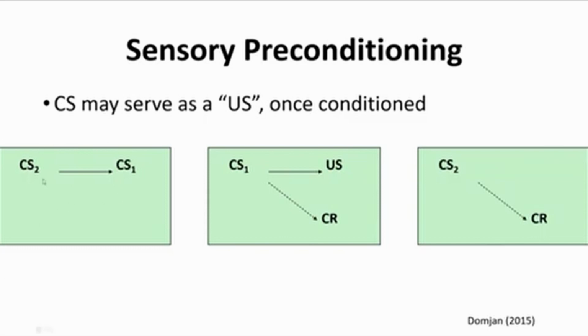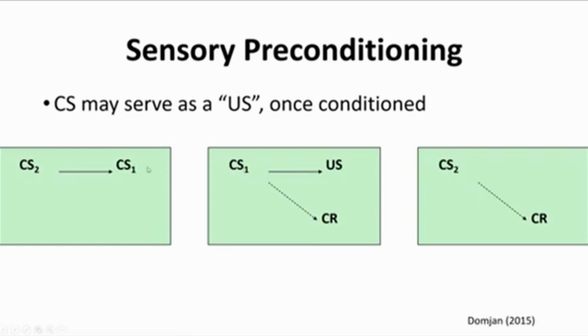So step 1 is our conditioned stimuli, CS1 and CS2, are associated with each other. And they're presented together so often that we associate CS1 with CS2. Next, we're going to learn something about one of our conditioned stimuli. So we can take CS1 and associate it with an unconditioned stimulus. So this is a normal classical conditioning exposure here.